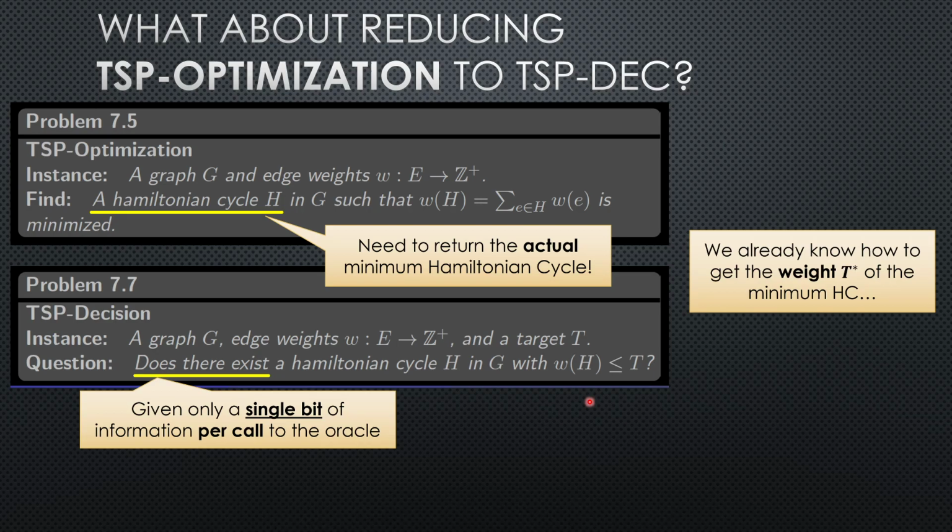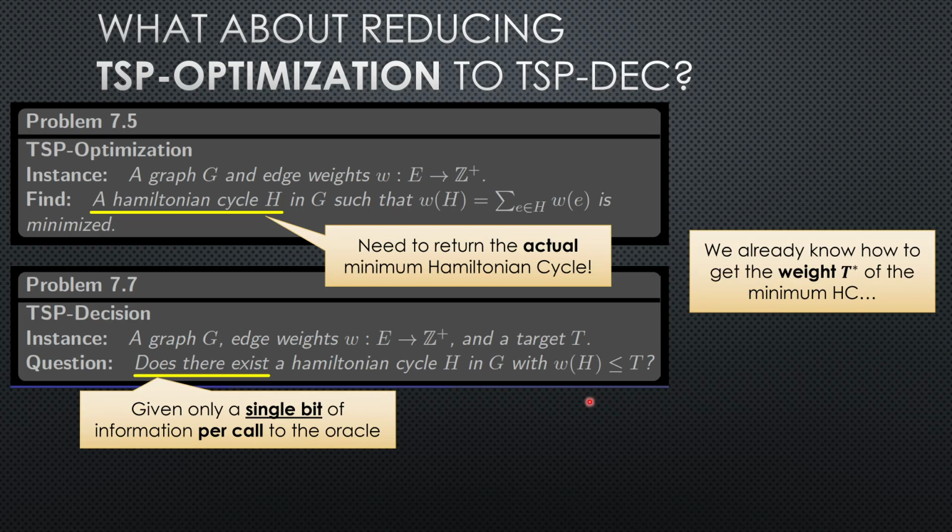Okay? Now what can we do with those questions that'll help us figure out which edges are involved in a Hamiltonian cycle of optimal weight?